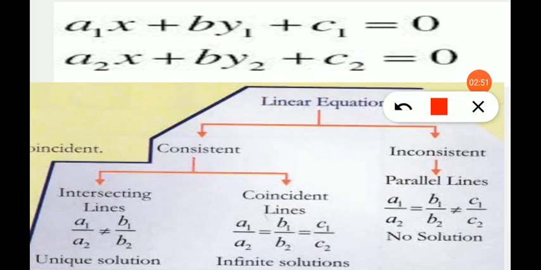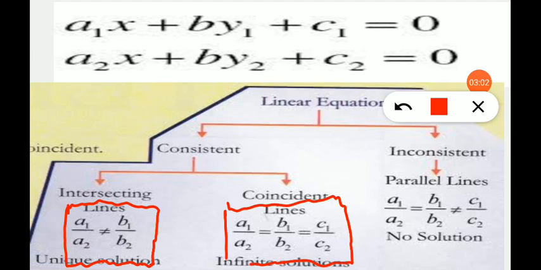So the three conditions: if a1 by a2 is not equal to b1 by b2, then it is a unique solution. If a1 by a2 is equal to b1 by b2 is equal to c1 by c2, then they are coincident lines, same lines, and hence it is infinite solutions.